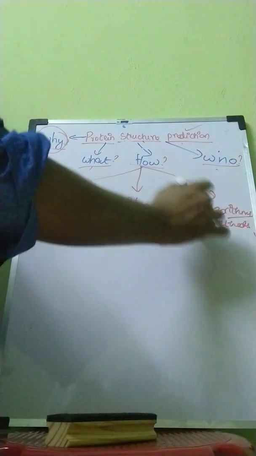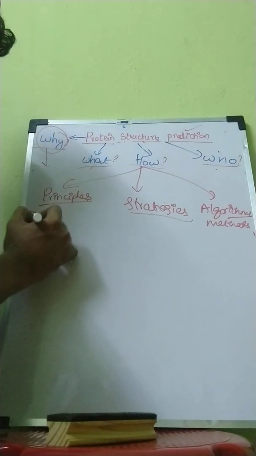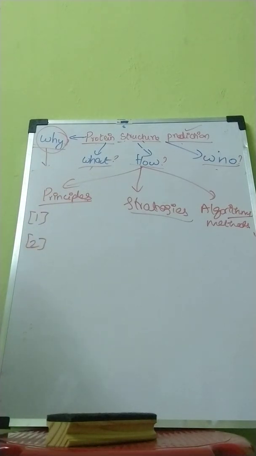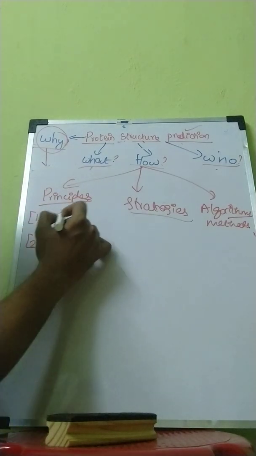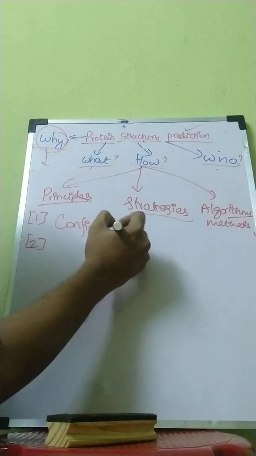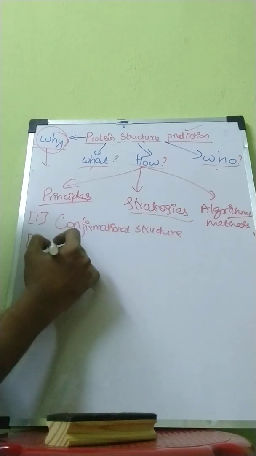Fine, so let us start with principles then. Basically two principles are fundamental in the protein structure prediction process. One is conformational structure. Another one, energetics.